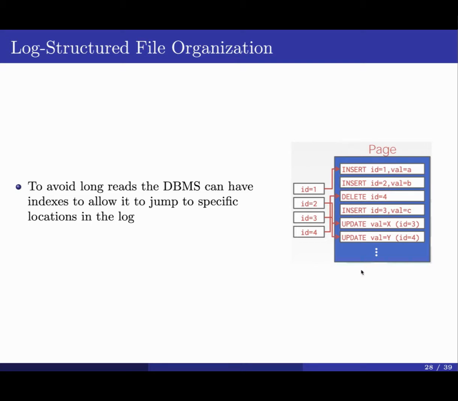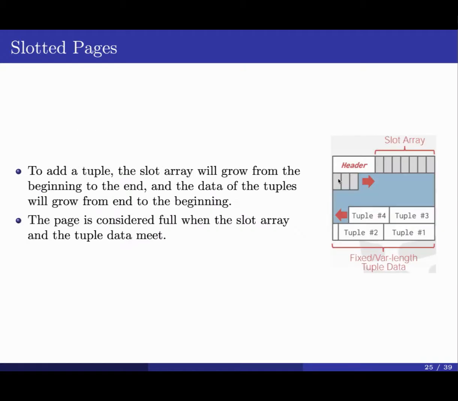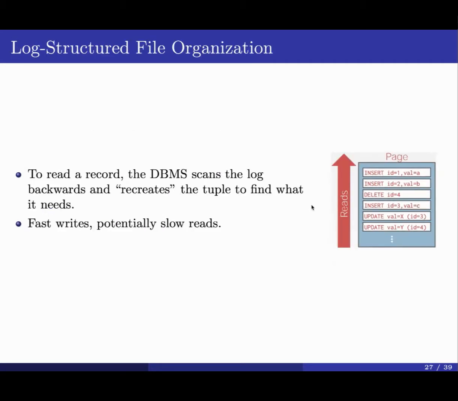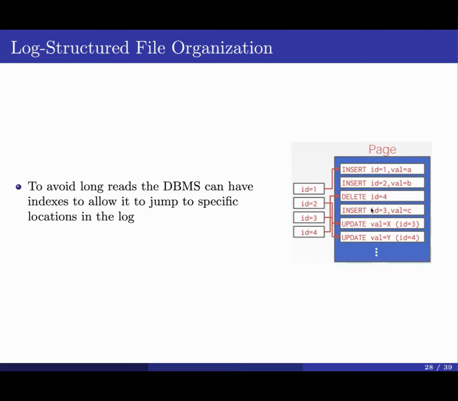Or you need to scan, for example, someone said, I want the data that corresponds to a specific user, or student. What we expect from you is to build a tuple that contains student ID, student name, GPA, etc. In the slotted page, you have this information in one tuple, one place, if you find the exact tuple. But in this structure, you have to build this tuple for us.